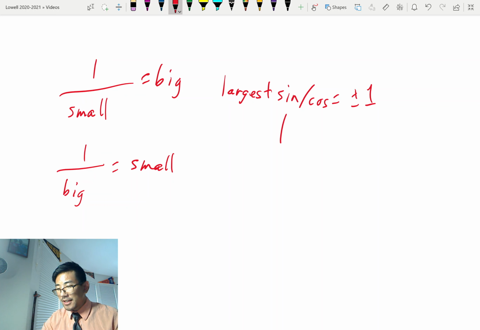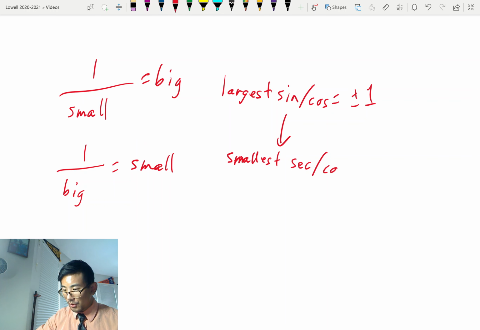That would translate to the smallest possible values of secant and cosecant. I guess technically cosecant and secant would be equal to 1 over 1 and 1 over -1.